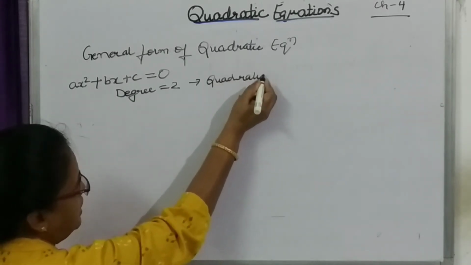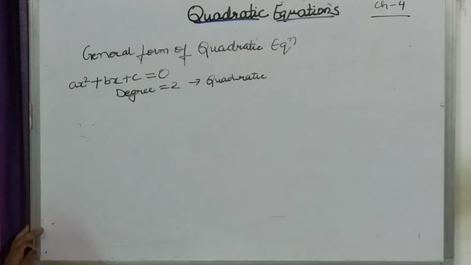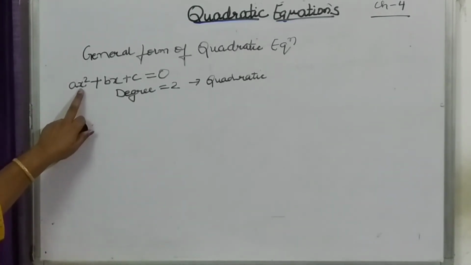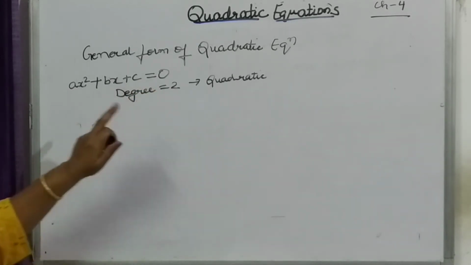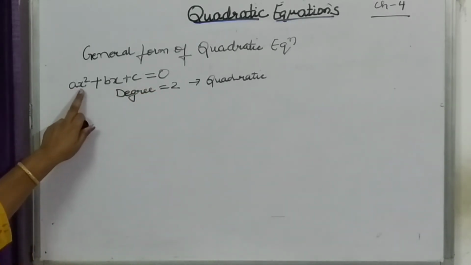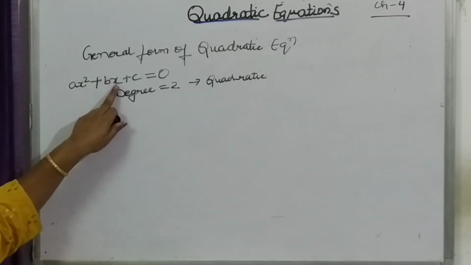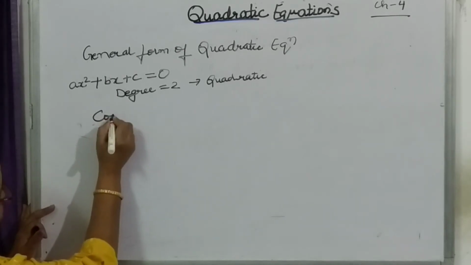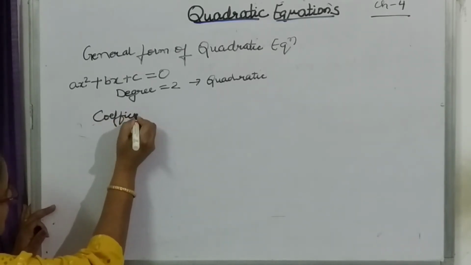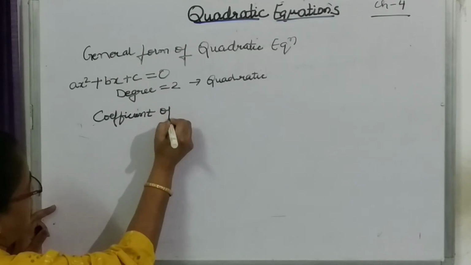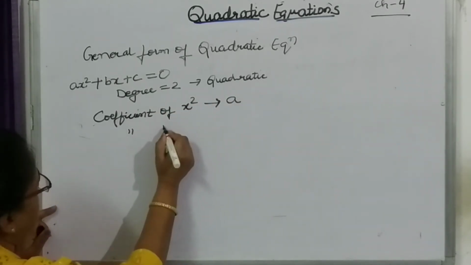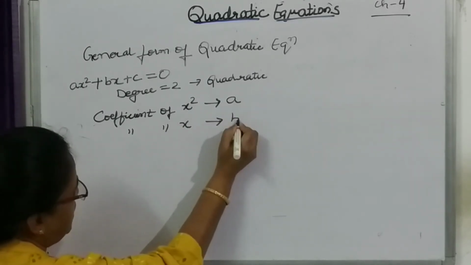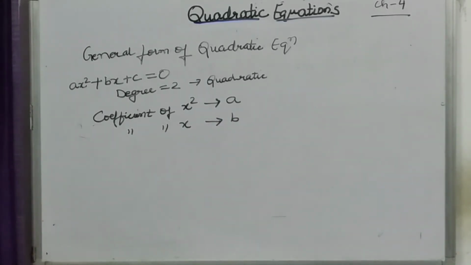You have done this even in your polynomials, right? Now, if I talk about these three real numbers a, b and c, you can see that the coefficient of x squared is a, the coefficient of x is b, and c is a constant.